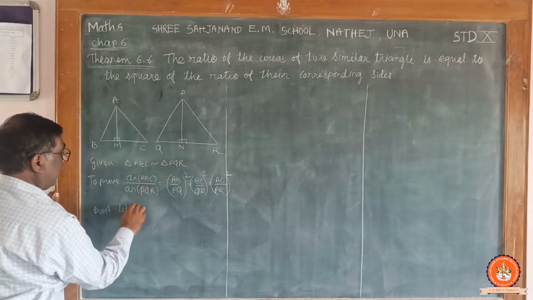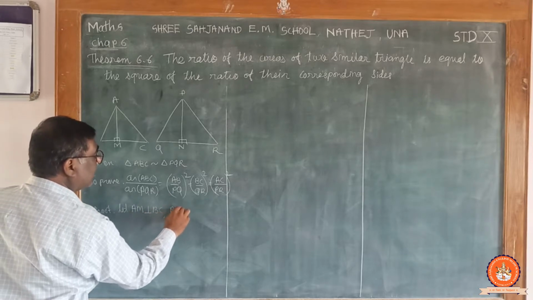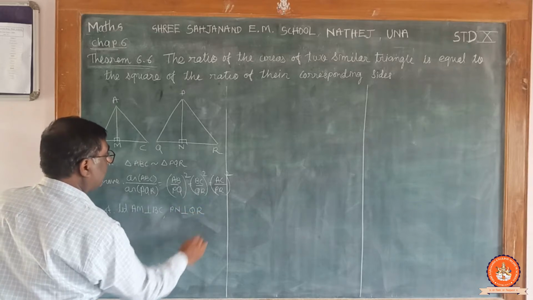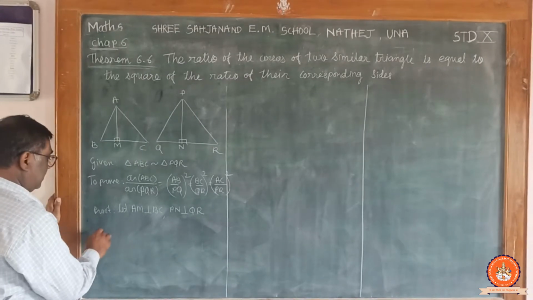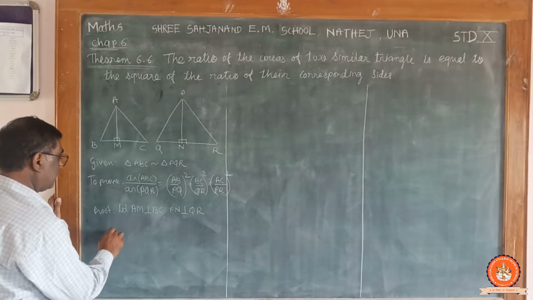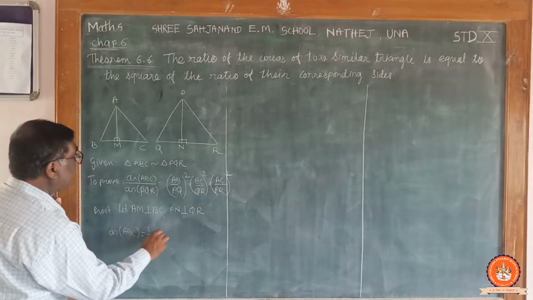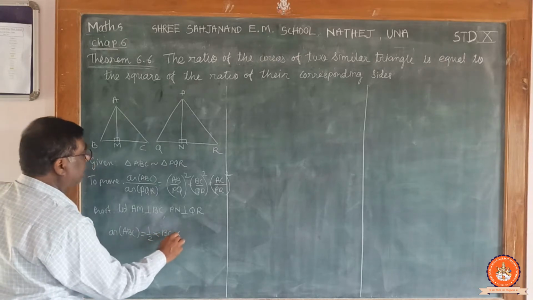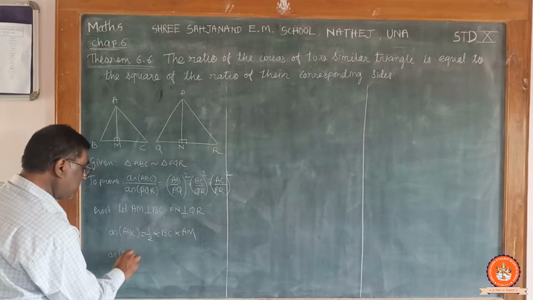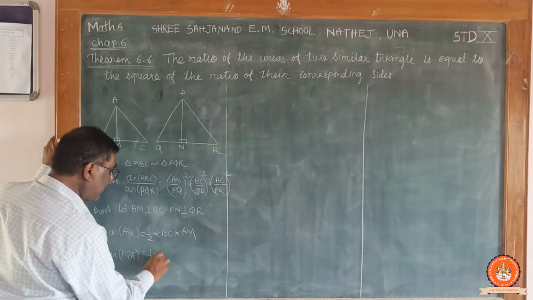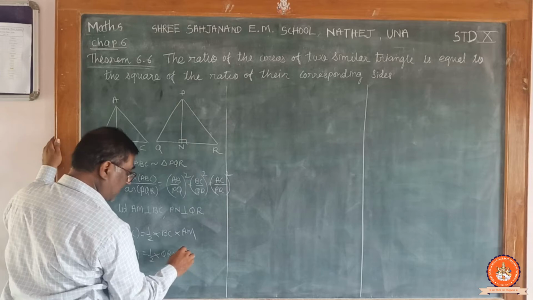Now my friends, we know that area of triangle ABC will be half into base BC into altitude AM. Similarly, area of triangle PQR will be half into base QR into corresponding altitude PN.